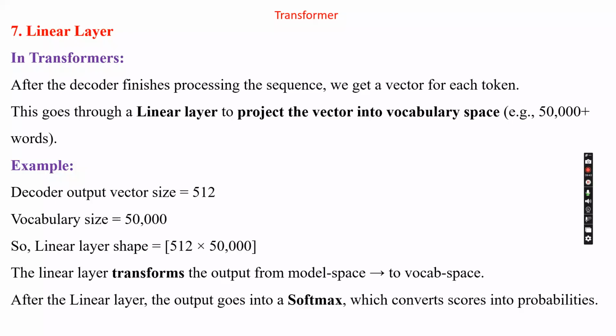Softmax converts the scores into probabilities. The word with the highest probability becomes the predicted output. This process continues until the complete sentence is generated.